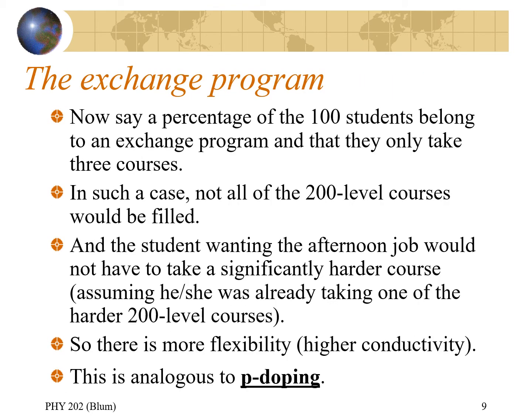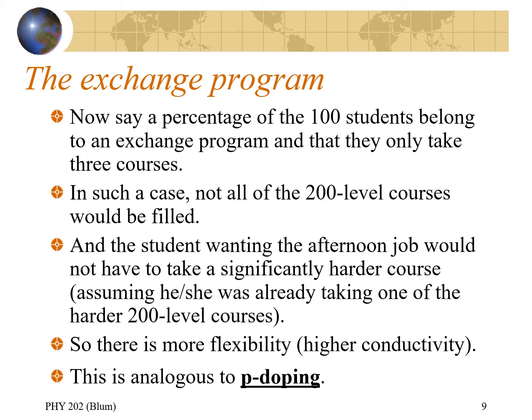Now let's say this program introduces an exchange program. So some percentage of its 100 students belong to this exchange program, and those exchange students are only taking 3 courses. In this case, then, not all the 200 level courses would have filled. And so then the afternoon job becomes available and some student needs some flexibility in order to take the job.